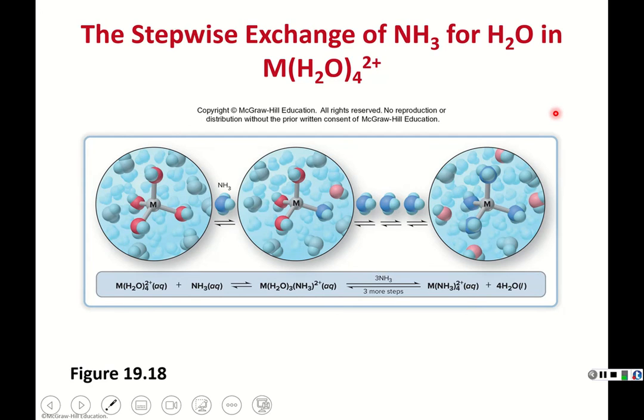We look at one of these. We have a generic metal M, and you can exchange these ligands in solution. So let's say we have our metal that's coordinated with 4 water molecules to start. If we add some ammonia into this solution, what can happen is now these ammonia can replace water as one of the ligands for this metal.